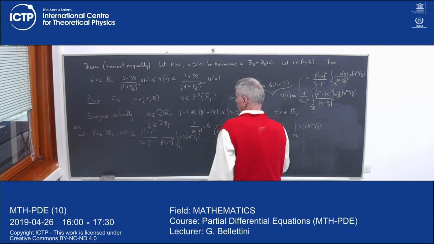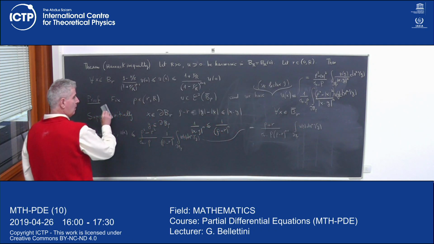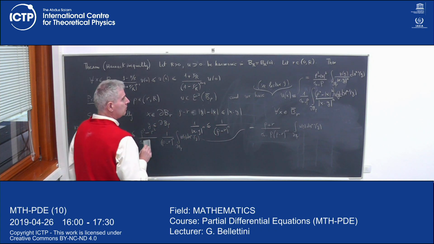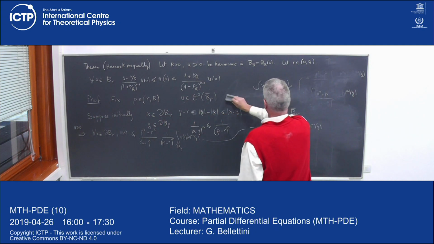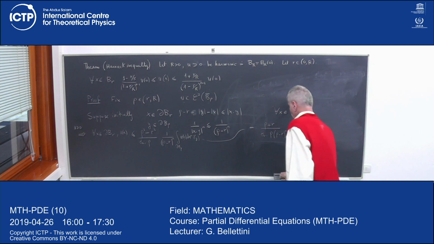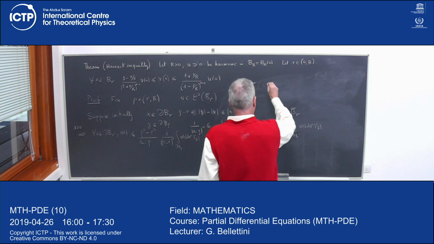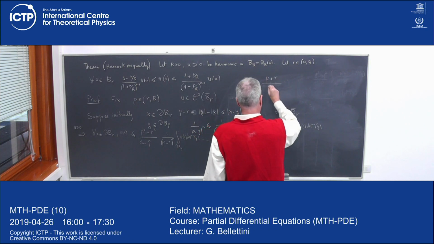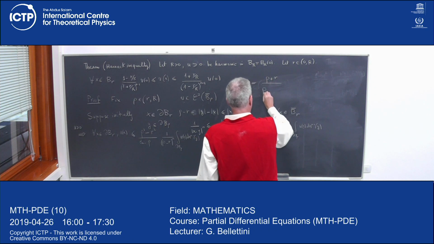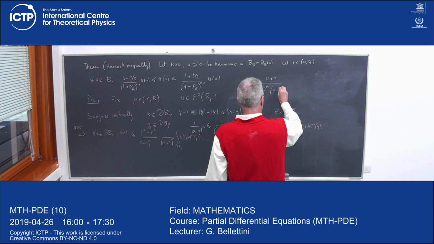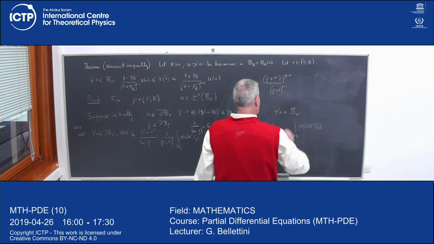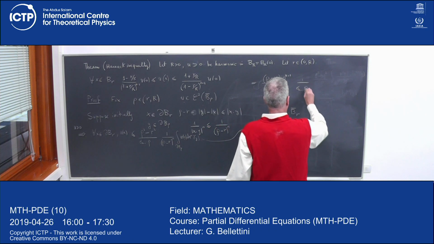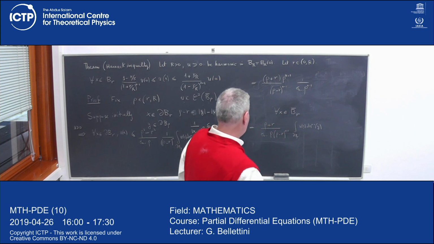So the idea is now: rho plus r, divided by rho to the n, rho minus r to the n minus 1.